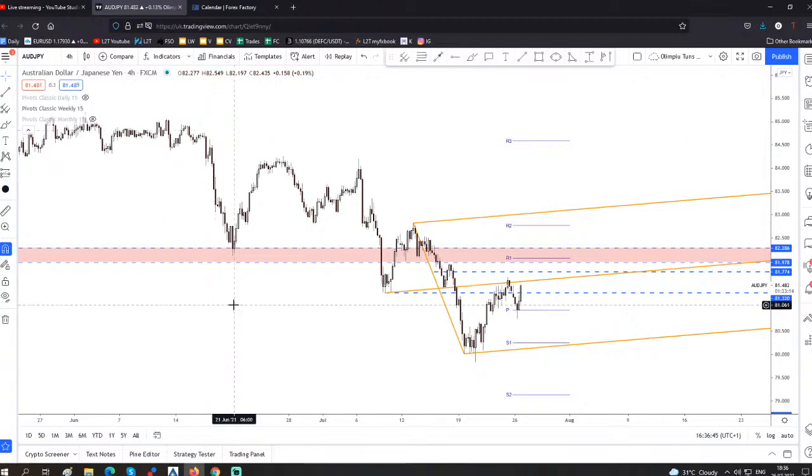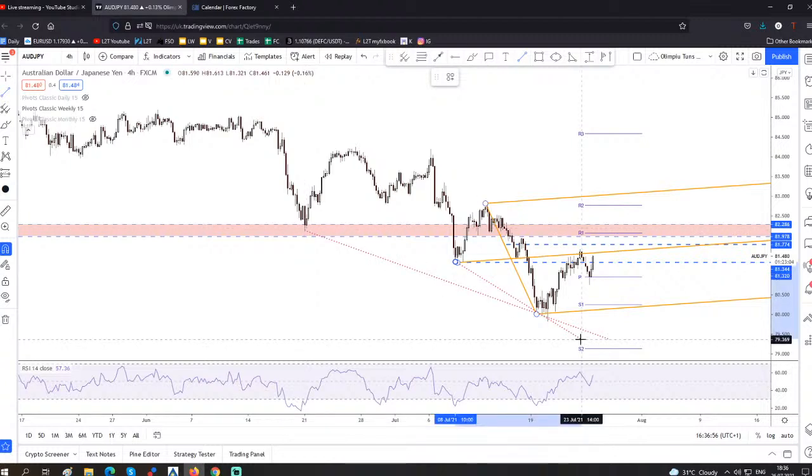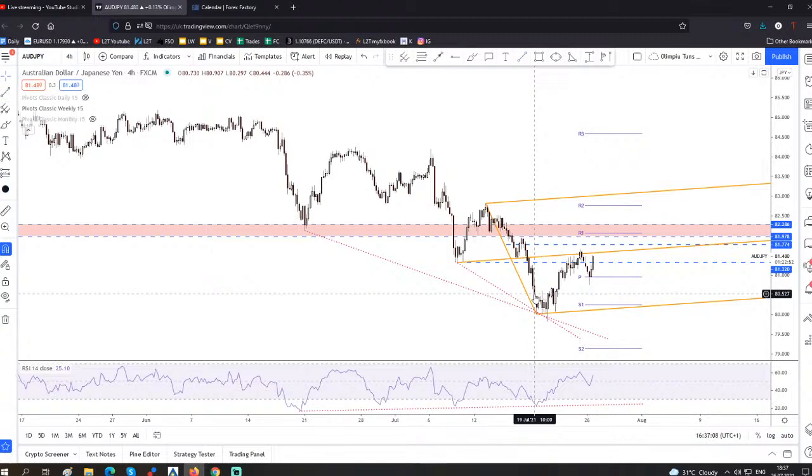But guys, if we take a look here, let's also use maybe the RSI. So we had here a bullish divergence, maybe something like this or something like this, and you can see that the RSI has printed higher lows, and here we had lower lows.